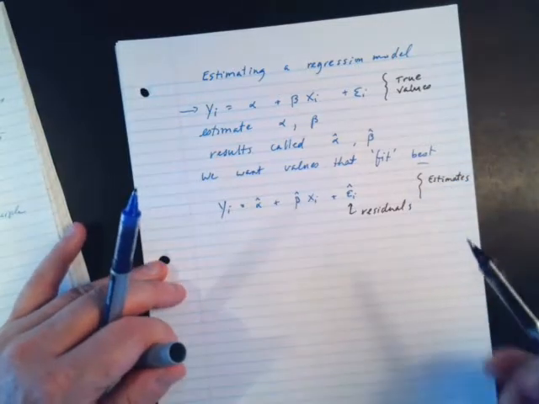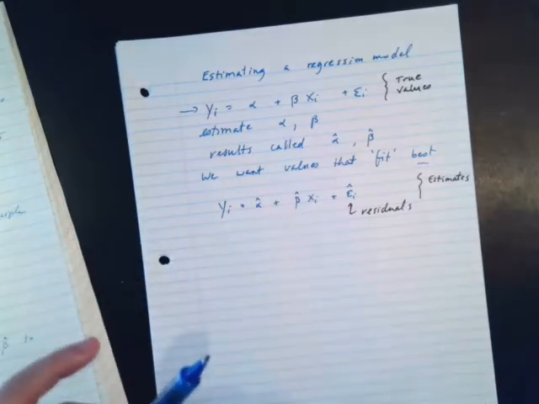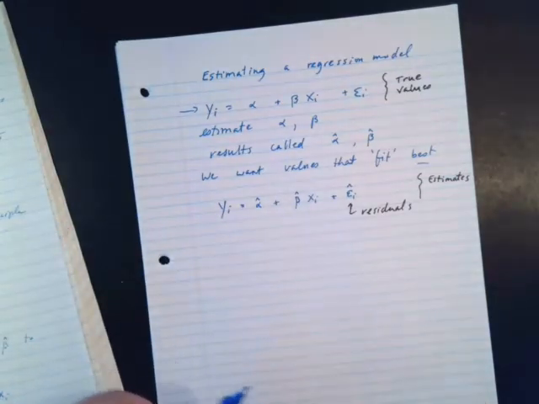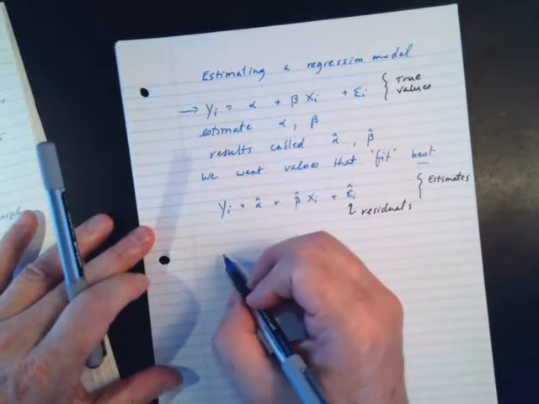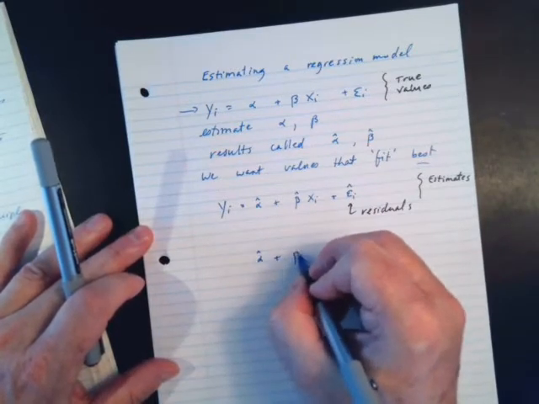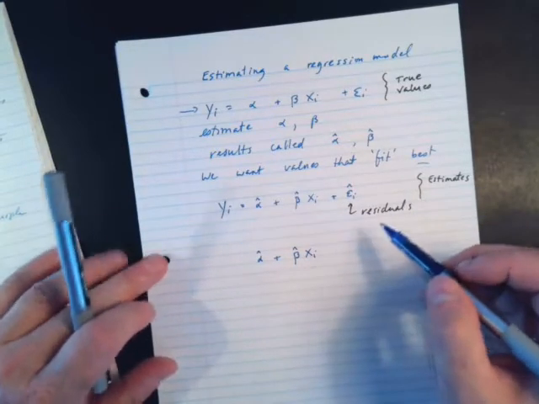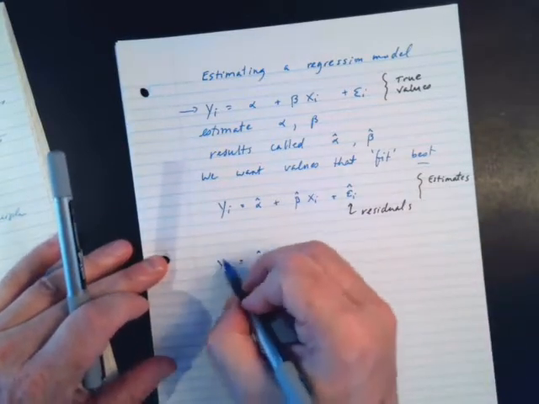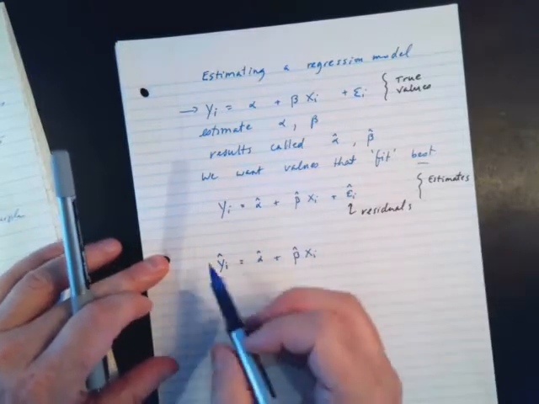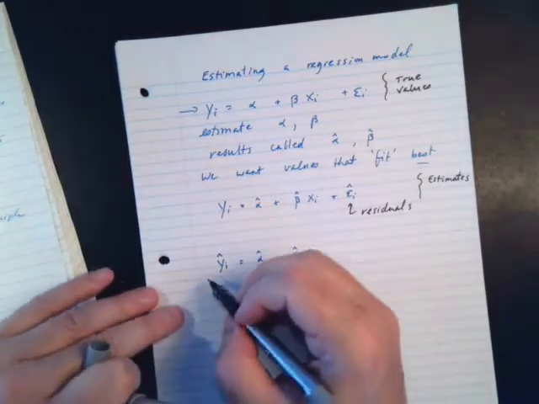And so far we have not talked about how you actually choose the values of alpha hat and beta hat. We will get to that. Now what if we just take the output of the model and we don't include the residuals? Well, we'll put a hat on y then in that case. So this would be the fitted values.